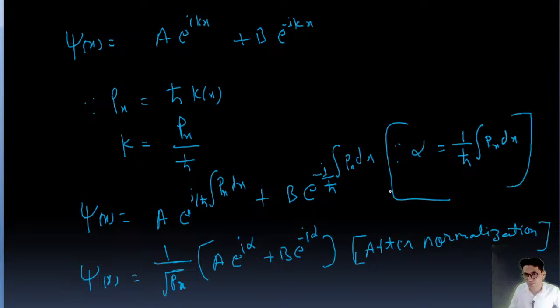Then this value is a e to the power iota alpha plus b e to the power minus iota alpha, and this value we have got after normalization of the wave function. So psi x is going to be 1 upon root px.